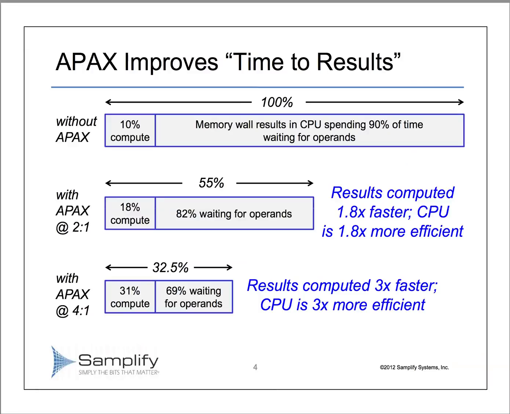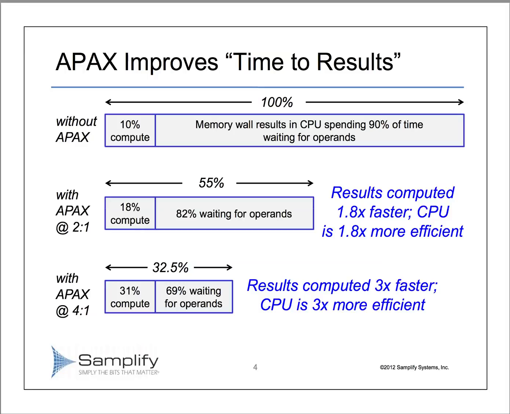So the result of the memory wall is that CPUs spend less than 10% of their time actually doing calculations and spend 90% of their time waiting for data, whether that's data that's coming from memory, whether that's coming off the hard drive or coming from another node in the compute cluster via MPI across InfiniBand or an Ethernet backbone.